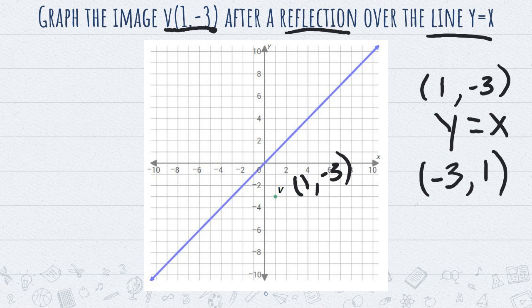So we go to -3 on our x-axis, and then we go up to 1 on our y-axis, and that is point V prime. And I'm going to label that point as -3, 1. So on this one, what relationship exists between the points where we started and where we ended?